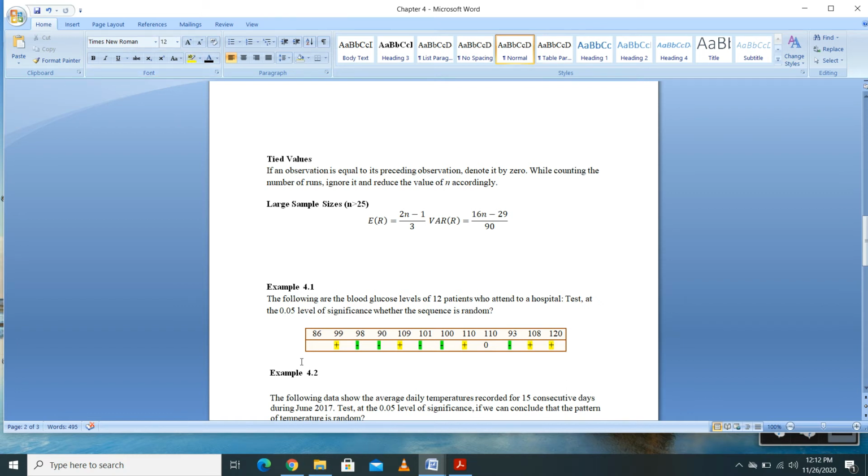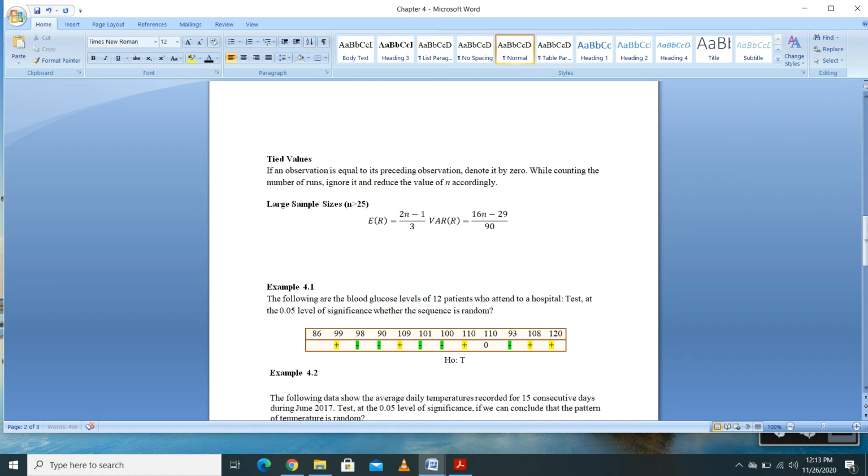So now you have done the calculations. You have calculated the number of runs you have here. So what you can do is, first we can write down the hypothesis. I'm going to write down H naught. What is the H naught value?